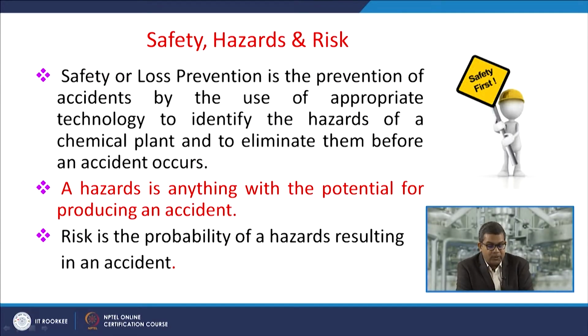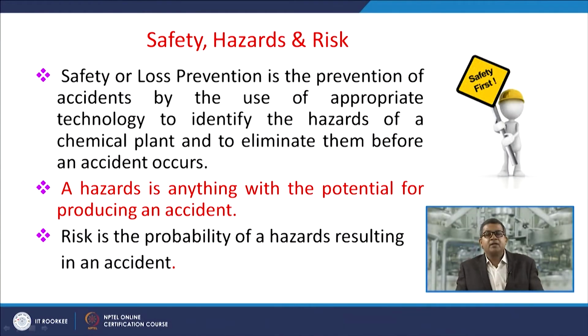So now, the first thing is that you need to find out what a hazard is. Hazard is anything with the potential for producing an accident. So practically everything has a hazard. The room in which you are sitting, the roof may collapse, the seat on which you are sitting may collapse.